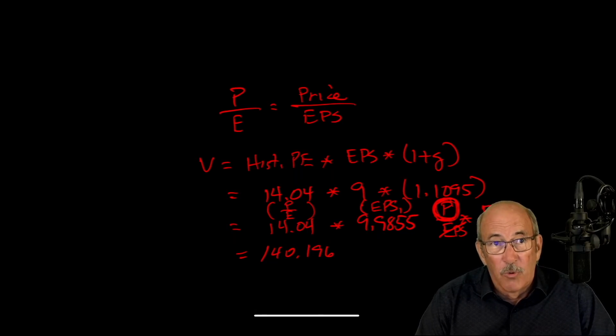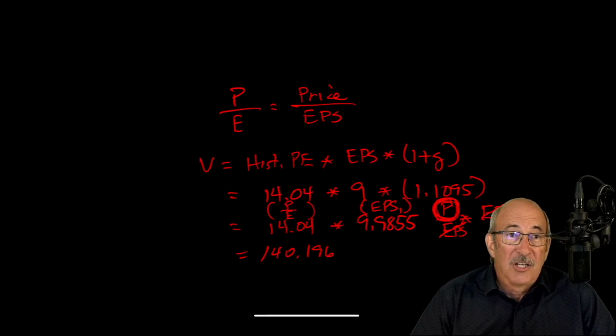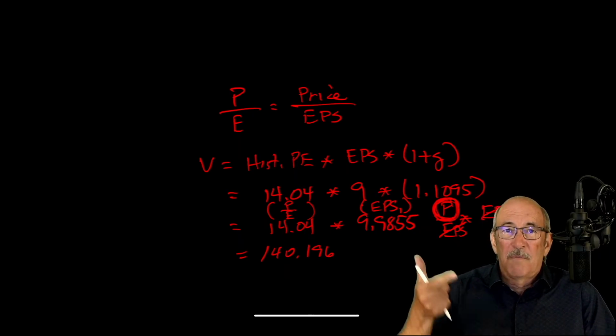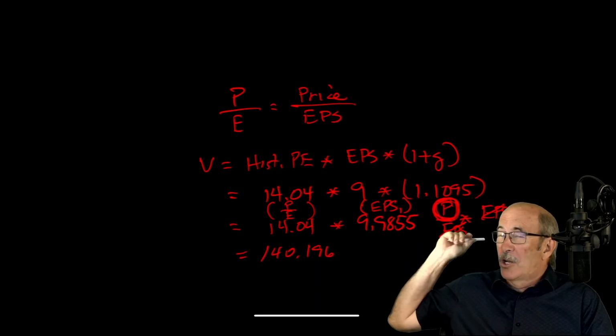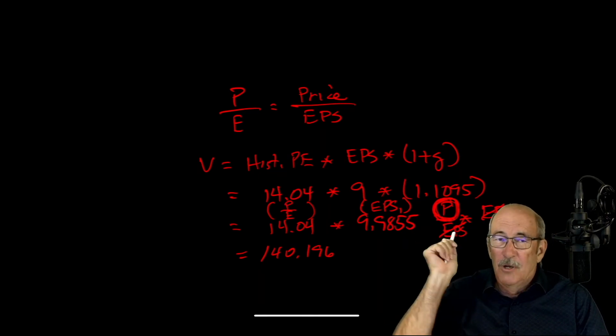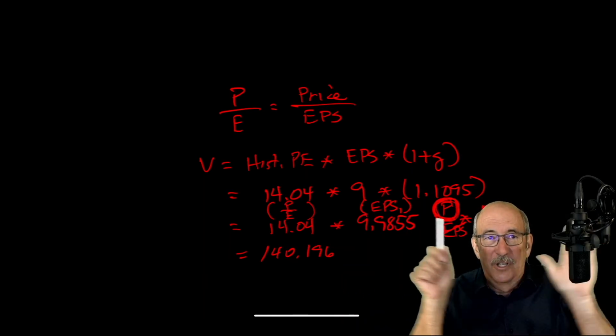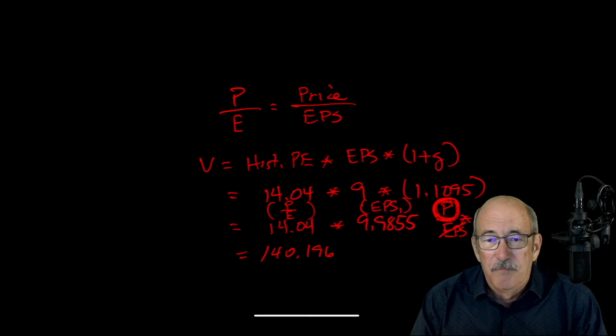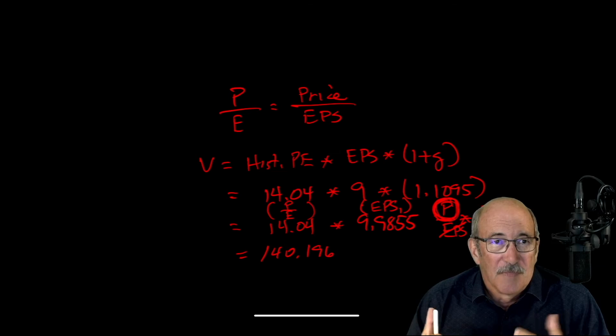In fact, in the real world, what you're typically going to do is not look at the historical PEs, because part of the reason for using a relative valuation model is that most investors, most analysts think that the market changes its valuation on a dollar's worth of shares from time to time. So if we're looking backwards, we're looking at how the market valued it a year ago or 2 years ago. What we really want is to use those comparables and look at the cross-section and how they're looking at it today. But both methods are reasonable.